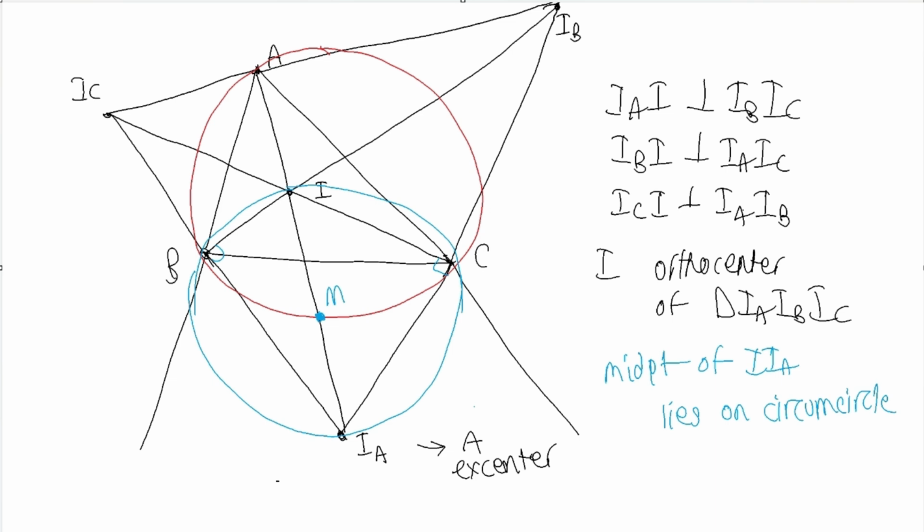So basically, every single incentral configuration involving the incenter and the 3 excenters is just an orthocenter configuration, because I is the orthocenter of the triangle IA, IB, IC, and A, B, and C are the feet of the altitudes. So it's very useful to go back and forth between orthocenter configuration and incenter configuration.